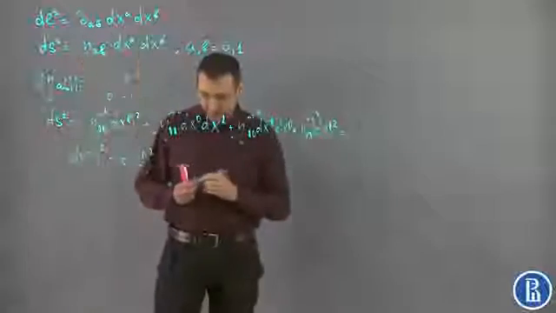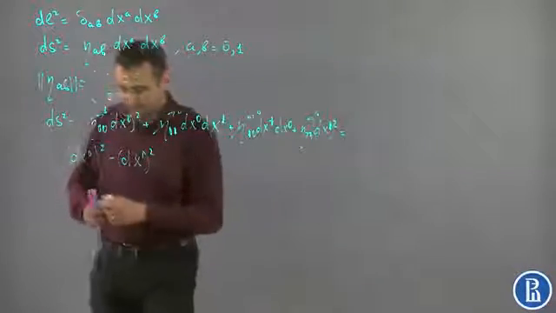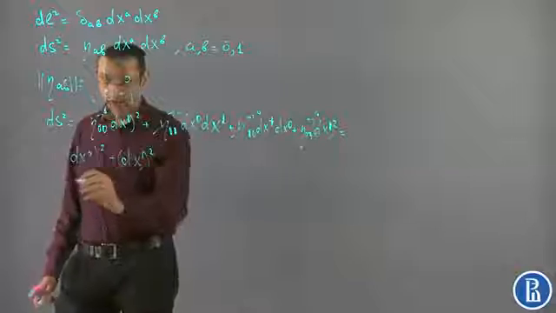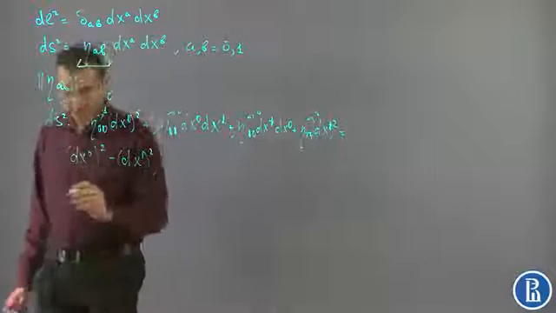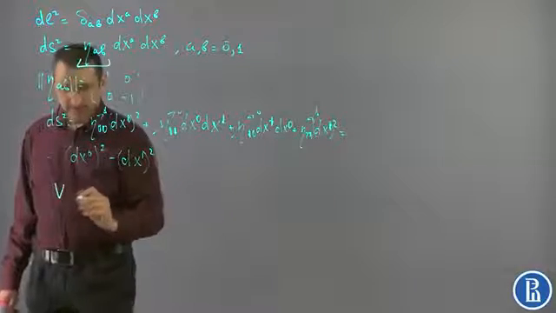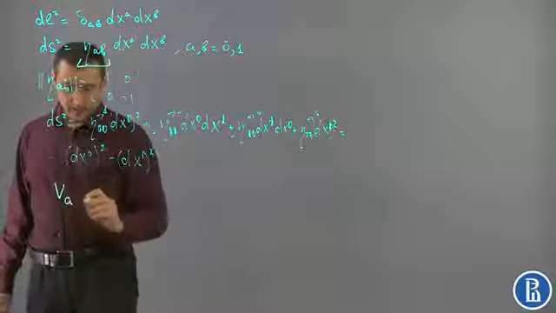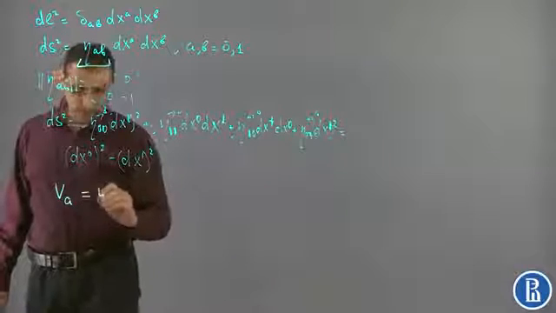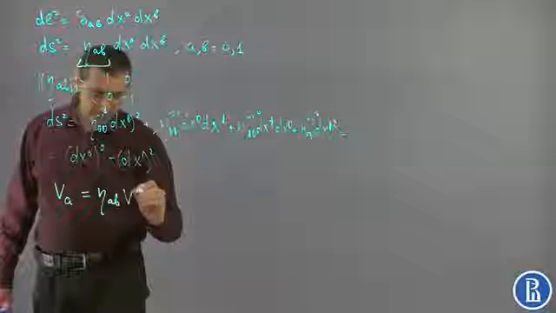This is one difference, but another important difference is that to lower and raise an index we now use this tensor. It means that V_A is equal to η_AB V^B.